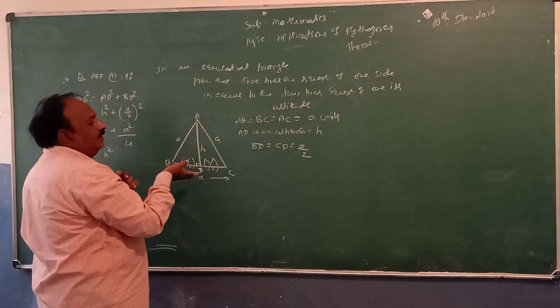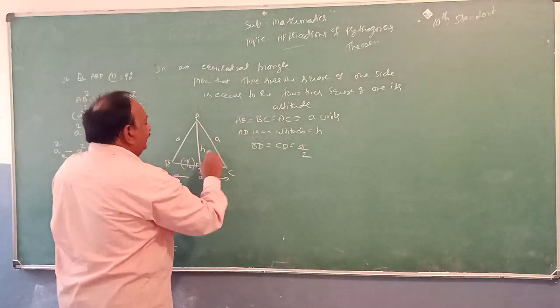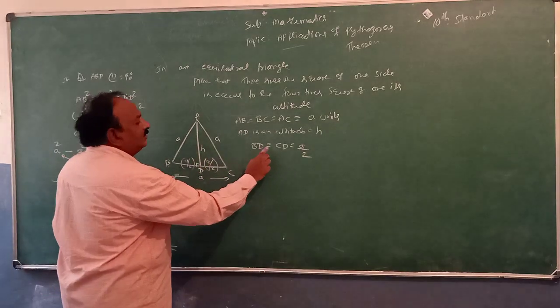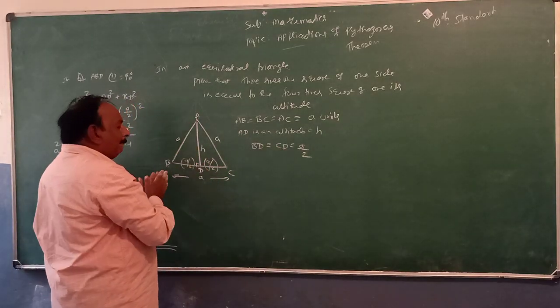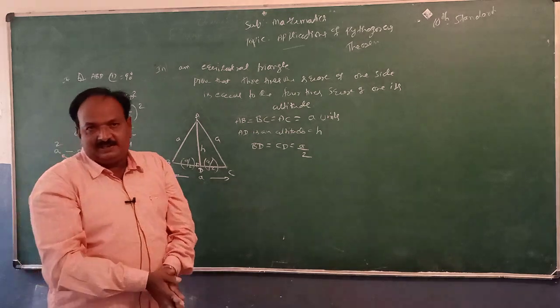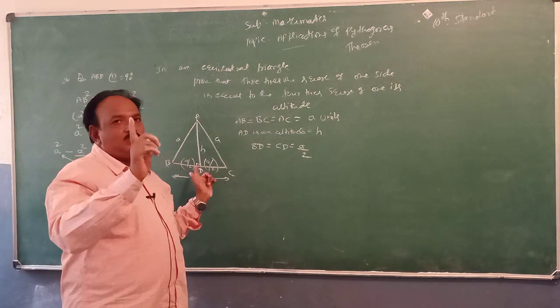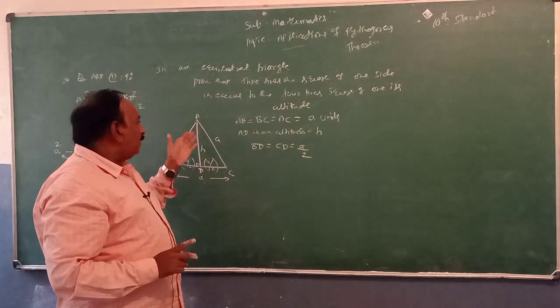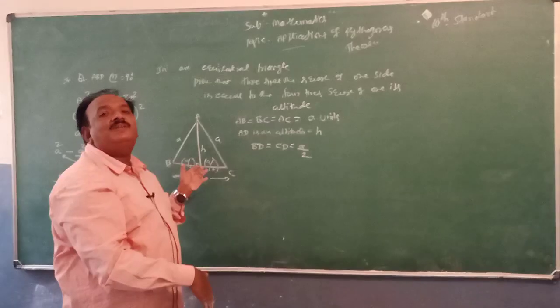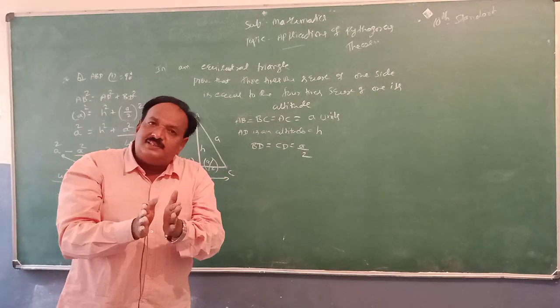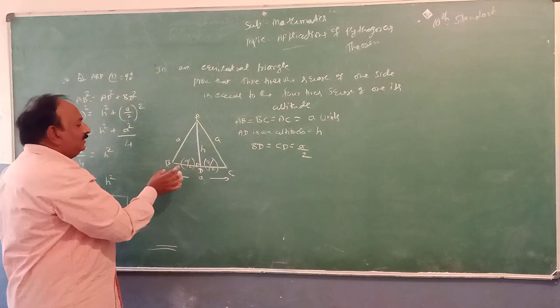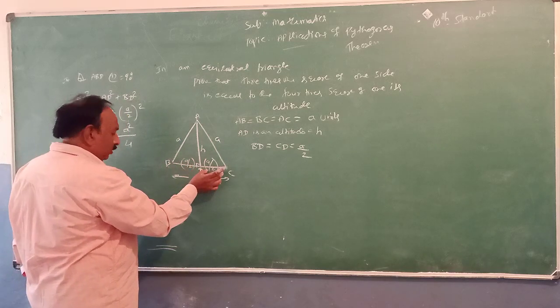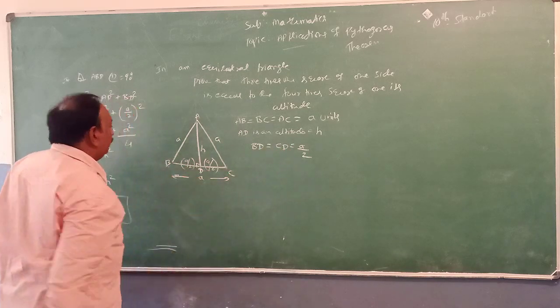Let AD be an altitude, call it H. BD is equal to CD, because the perpendicular bisects the third side in an equilateral triangle. It is one of the concepts you have to note down, my dear students. This perpendicular drawn from the vertex divides the third side into 2 equal parts, that is, it bisects. BD is equal to CD is equal to A by 2.